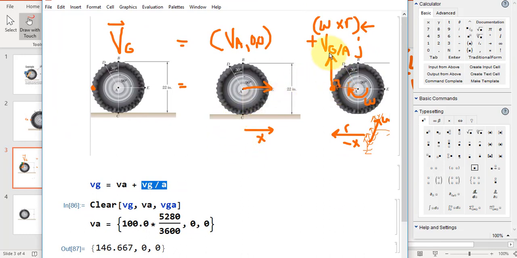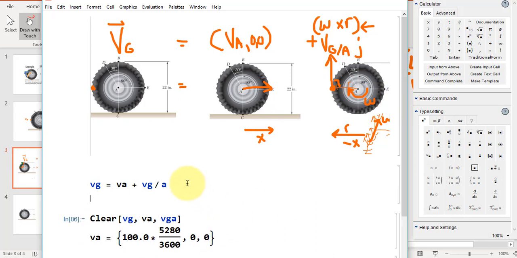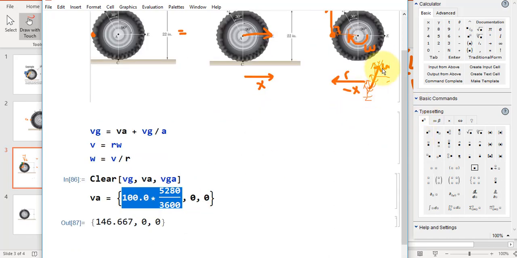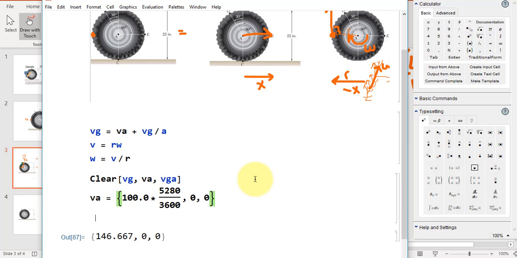Okay, so let's go ahead and just get G with respect to A. And instead of cranking through R times omega, first we have to figure out what omega is. So V is equal to R omega, so omega equals V divided by R. Looking at our velocity, omega is actually going to be in the negative k direction.